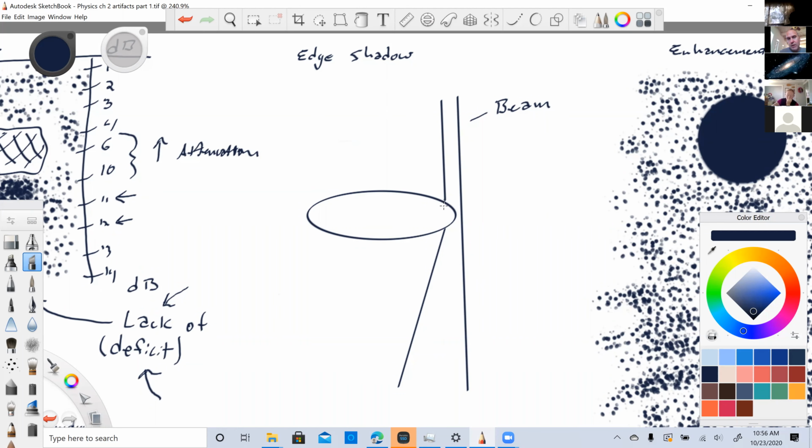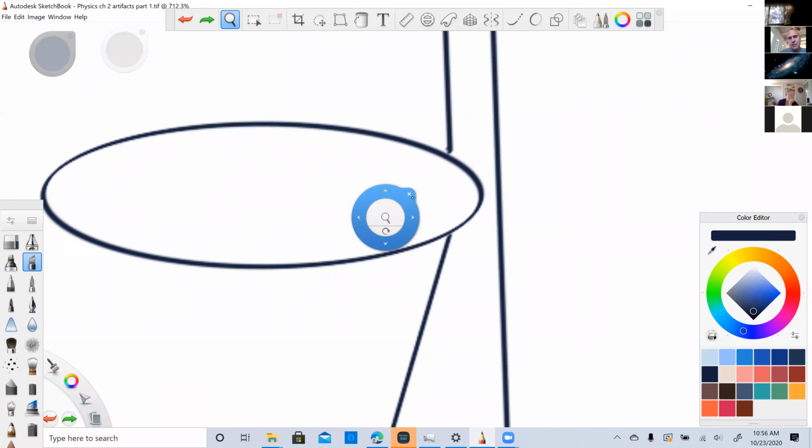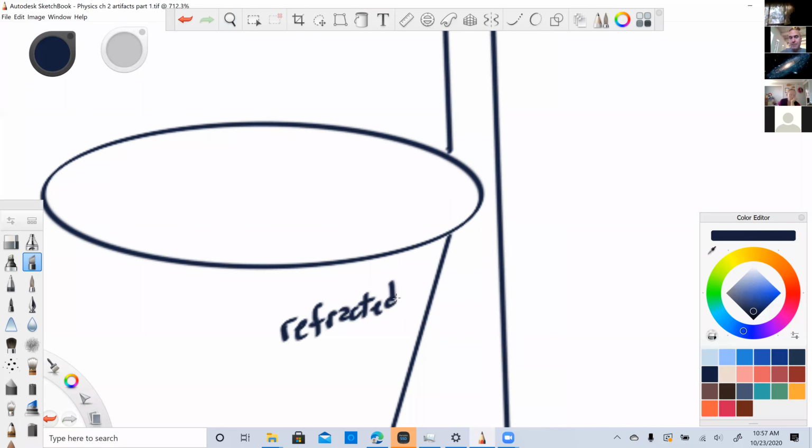I didn't draw this perfectly well, but let's just take it as the speed of sound changes as it goes through this object, whatever this object is. Any round structure can do this, a cystic structure, a solid structure. And it is refracted, but only part of the beam is refracted, the part that actually hits it. The other part of the beam is not refracted.